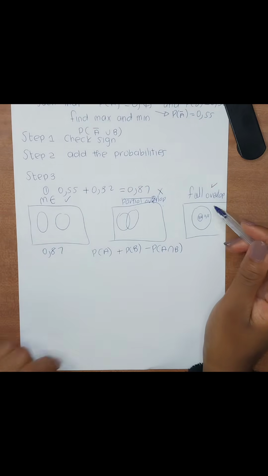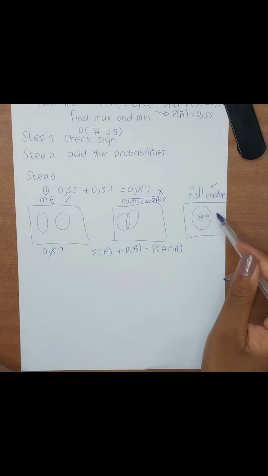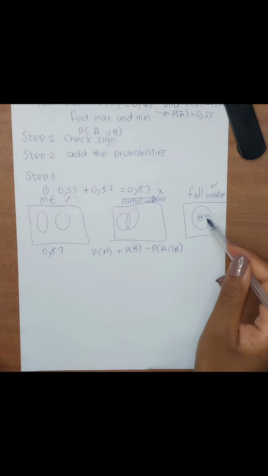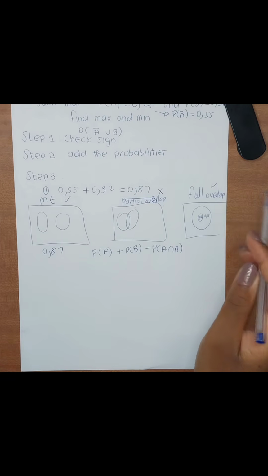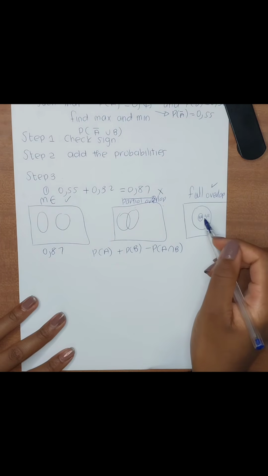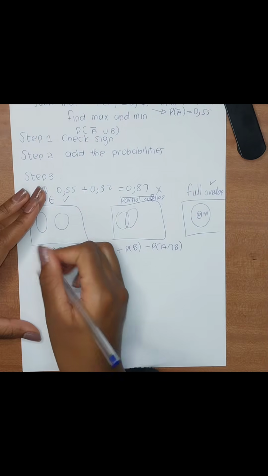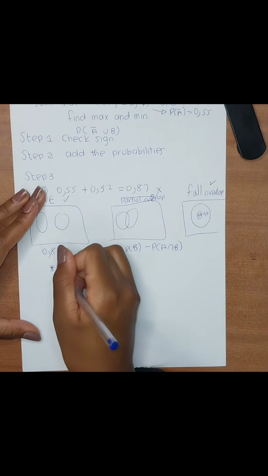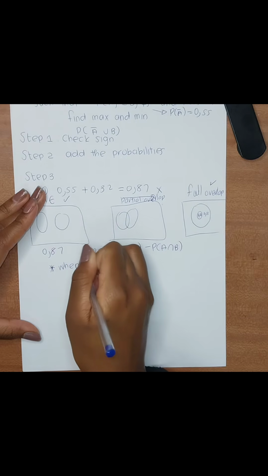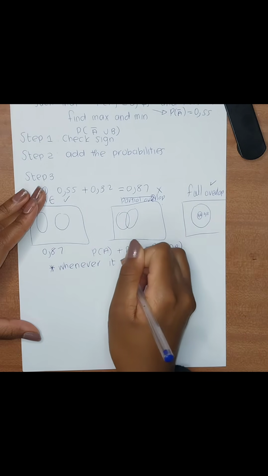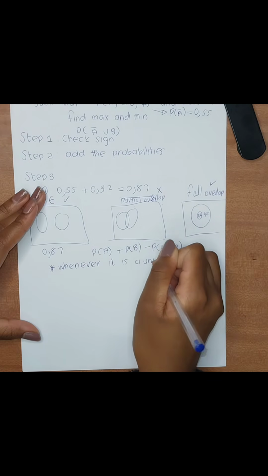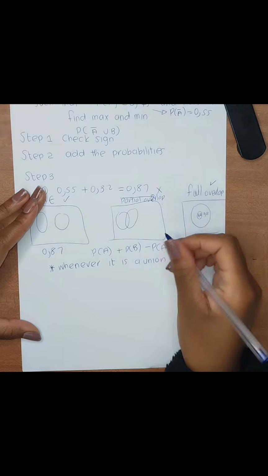So if you think about it, really, union means that I'm adding the two events. So which probability is it likely to take? It's going to be the bigger one because I'm adding what's inside and what is outside, 0.55. So whenever it's a union, you always take the biggest probability. That you need to know. Whenever it is a union, that's why I said check the sign first.